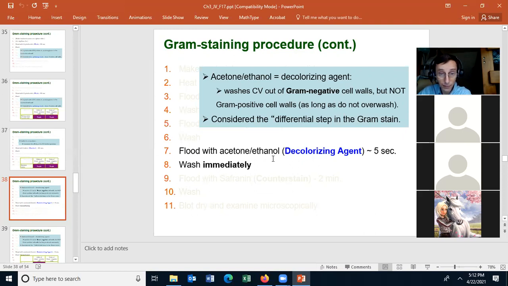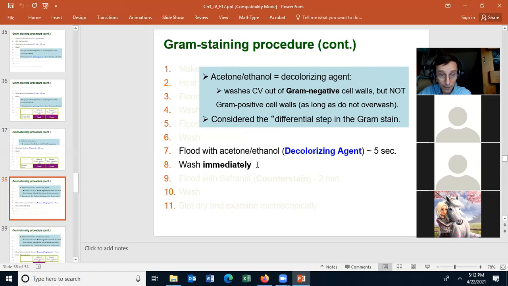You then wash the slide immediately with cold water. You need to do that immediately because you want to remove the trace amounts of the decolorizing agent from the cells. Even the trace amount of decolorizing agents left on the cells can pull out the crystal violet iodine from the gram-positive cells, and we don't want that to happen.